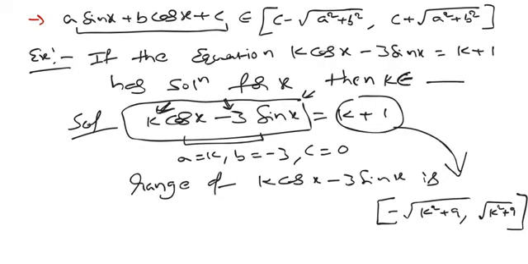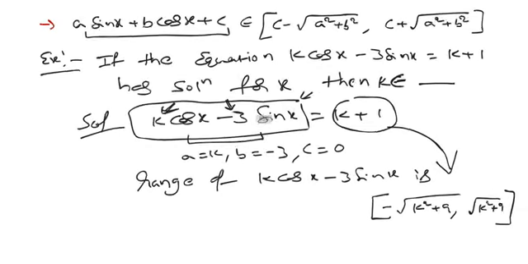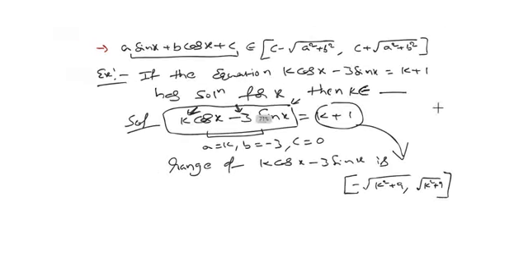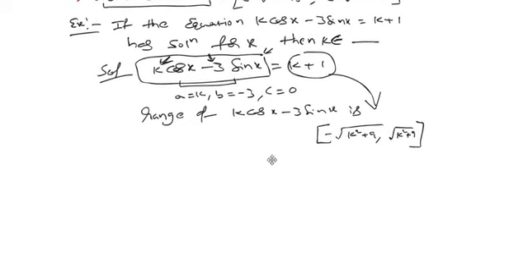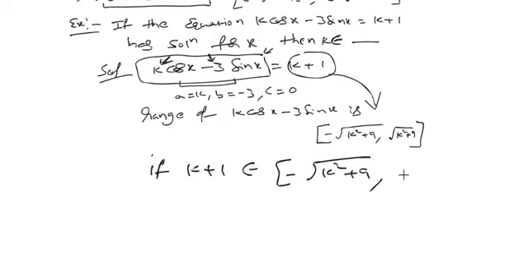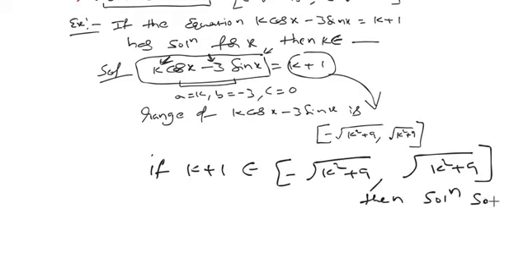I think it is very clear for you. Now let us take: if k plus 1 belongs to the closed interval from negative root over k square plus 9 to root over k square plus 9, then a solution exists.